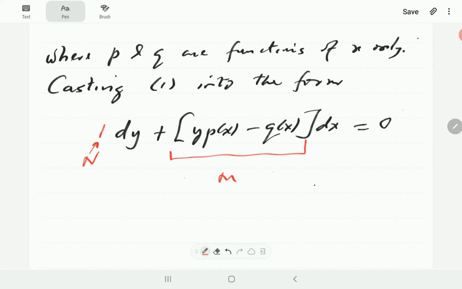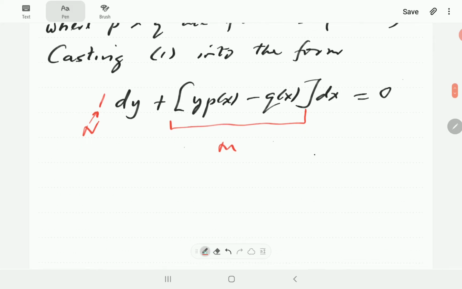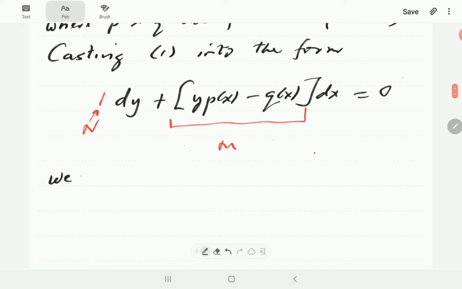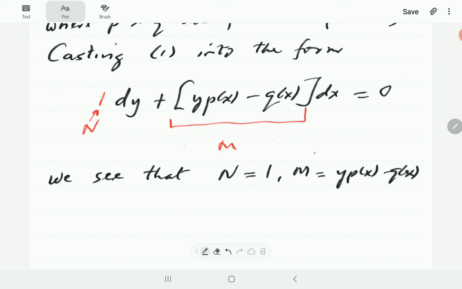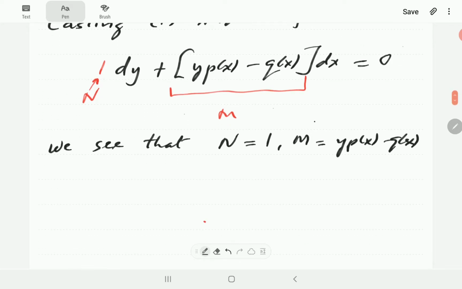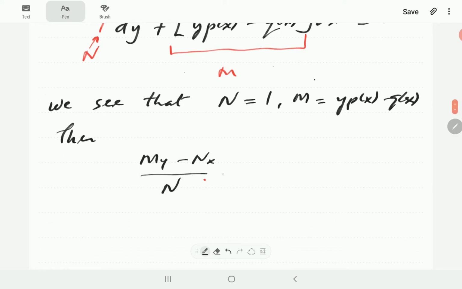Okay, so if we do that, then we see that, like I said, N is 1, M is y p of x minus q of x. Then (My minus Nx) all over N is just p of x.